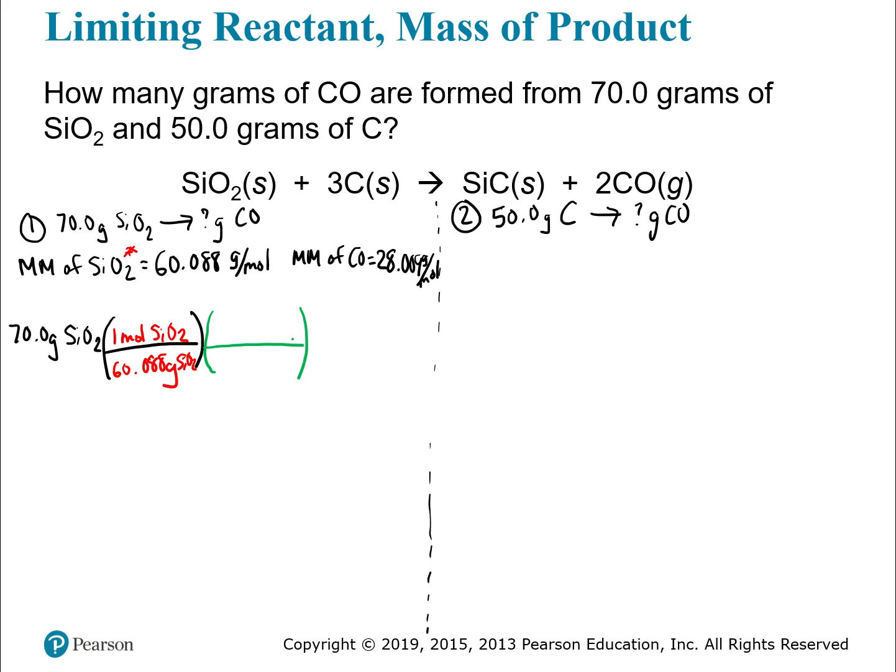The next one is your mole-mole factor. We care about the silicon dioxide and the carbon monoxide. We'll put the carbon monoxide in the top, because that's what we want at the end. And we'll put the moles of silicon dioxide in the bottom. There's a 1 there that's implied.